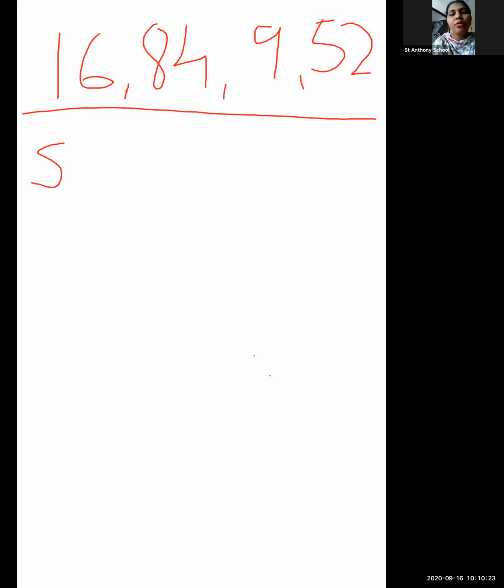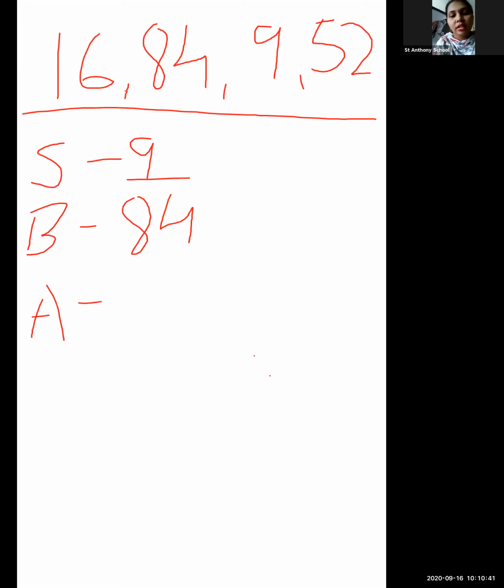All of you know which one is the smaller number? Yes, it's 9. And the bigger number is 84.